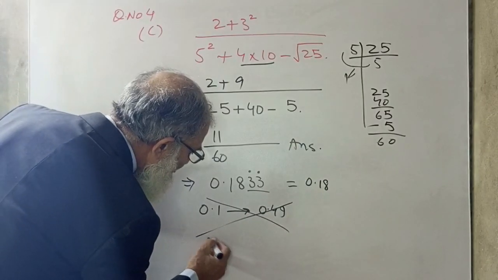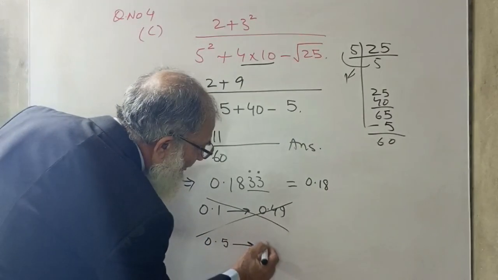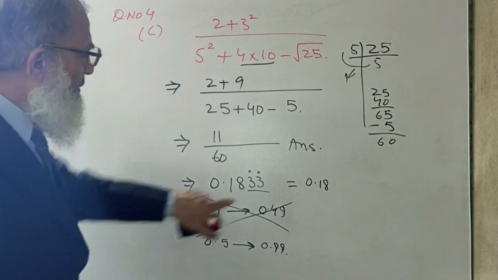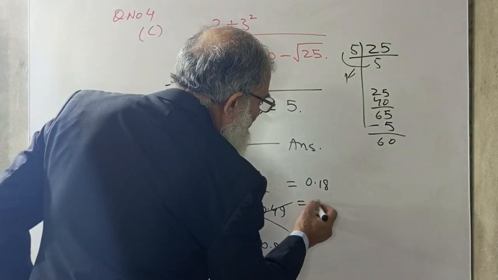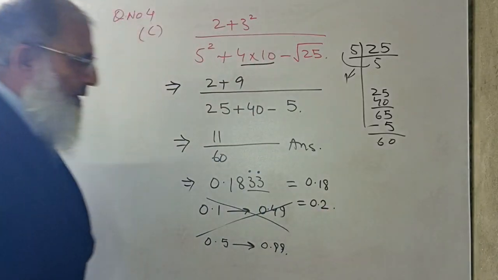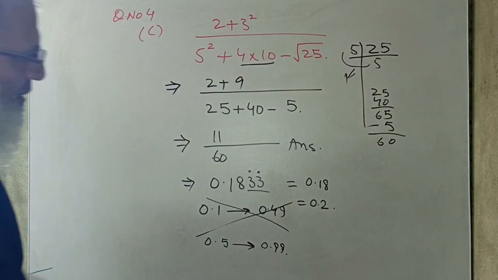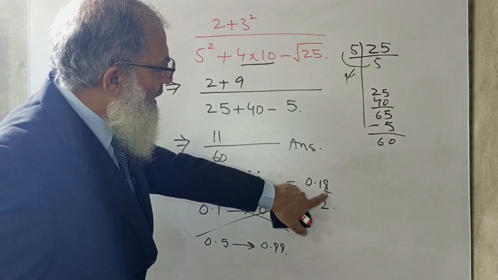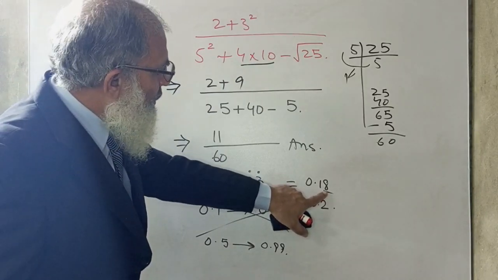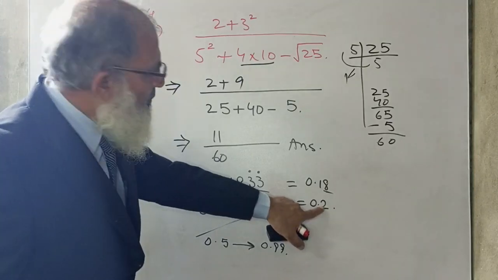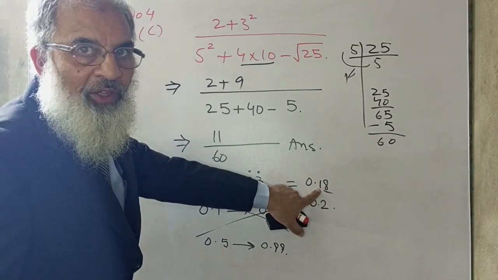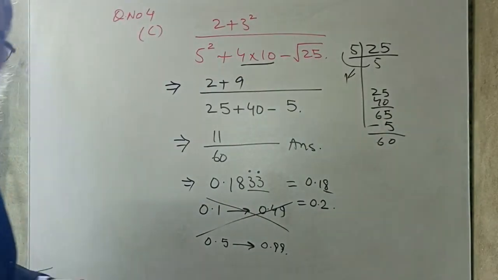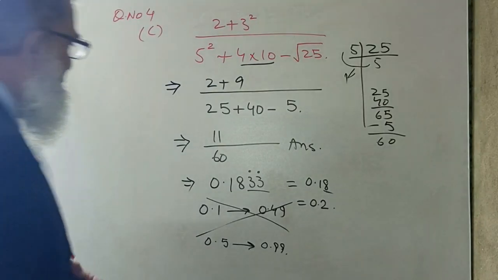From 0.5 to 0.99, we go to the next higher number. Now this was 8. So what we do? We go to the next higher number from the beginning of the point. So I'll tell you in the next chapter how to round or how do we approximate these things.